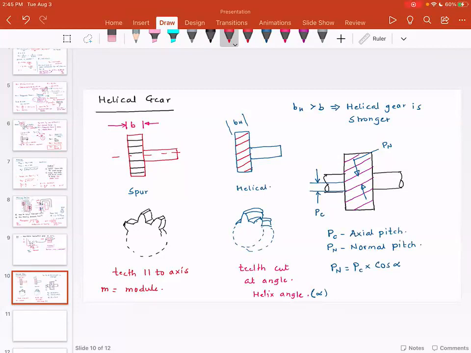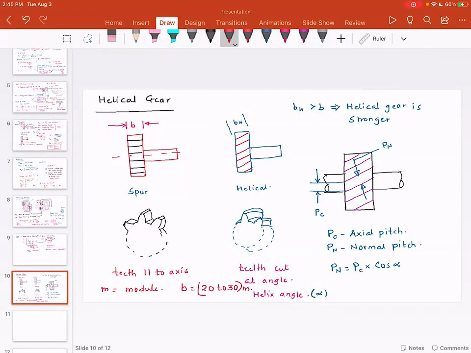But since the face width of the helical gear is significantly larger than the spur gear, typically the face width of the helical gear is anywhere between 20 to 30 times the module of the helical gear. So that is something to keep in mind.